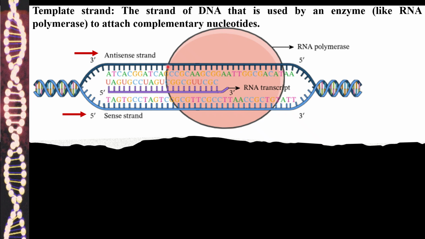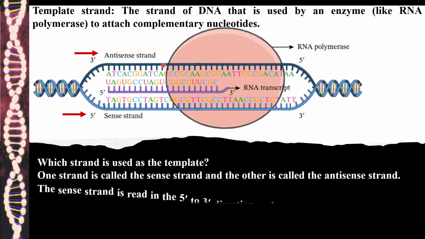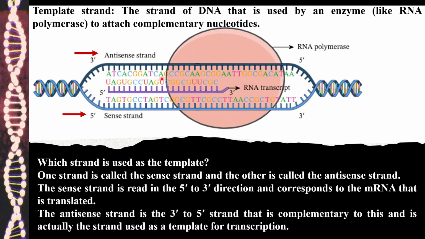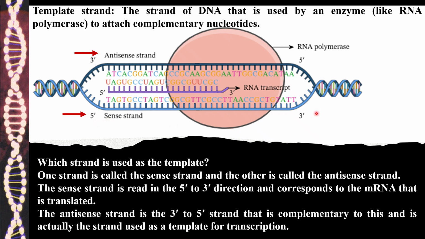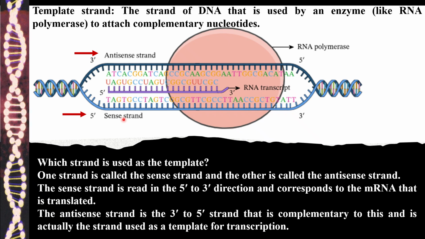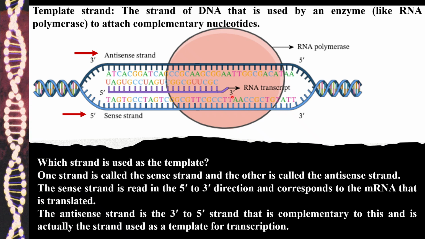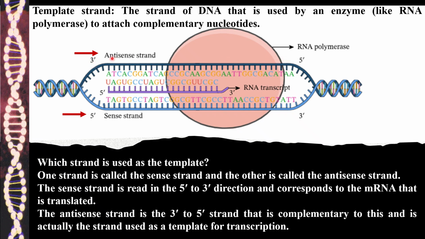So the DNA has 2 strands. Which strand will be used as a template strand? The strand that is 3' to 5' is known as the antisense strand, and the other strand, which is 5' to 3', is known as the sense strand. As the RNA transcript that will be formed will always be 5' to 3', it will copy the sequences of the strand which is 3' to 5', the antisense strand.